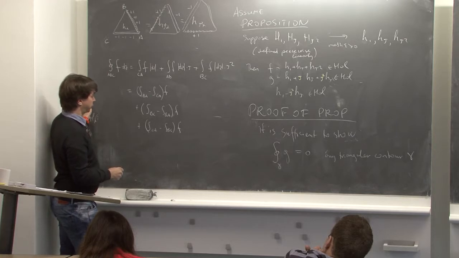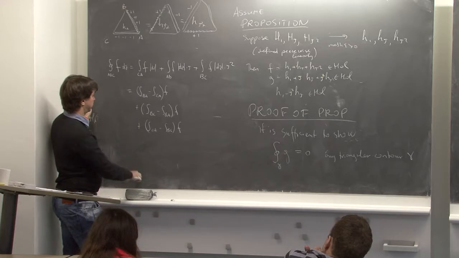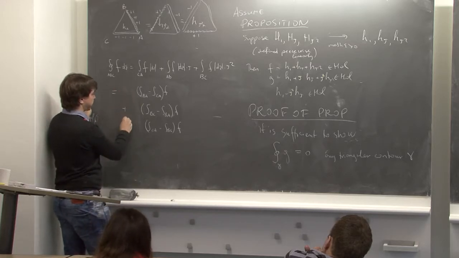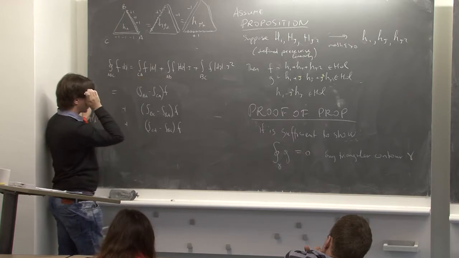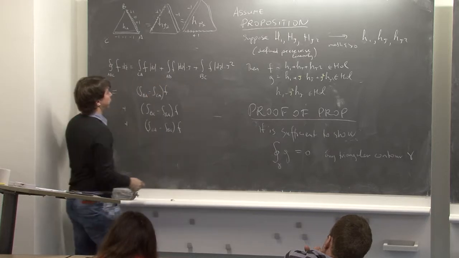So what do I need to do to get the coefficients correct? I want coefficient 1 in front of CA, coefficient tau here, and coefficient tau squared there.